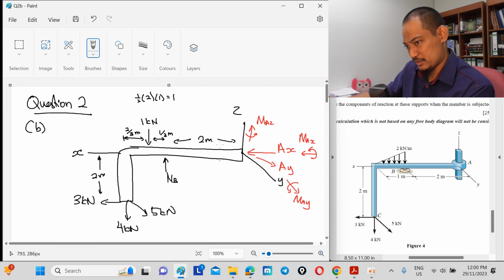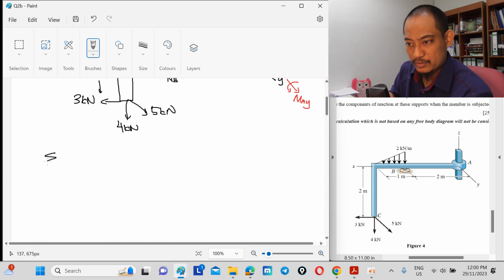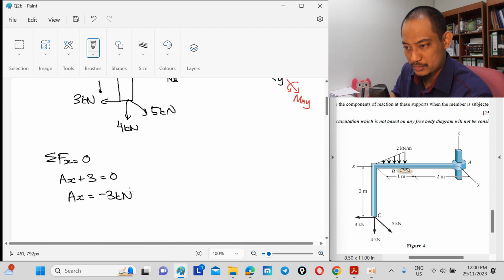So what is first? Is there any force in X? Yes, that 3 kilonewton. Summation of Fx equal to 0. You take positive in the direction, so we have Ax plus 3 equal to 0. So Ax is minus 3 kilonewton, meaning negative x axis direction.